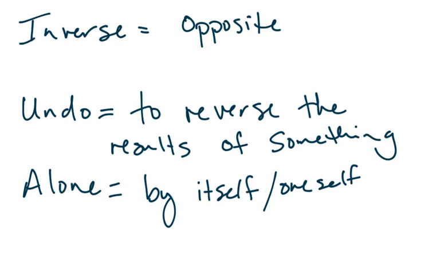And alone is by itself or by oneself. Okay? So let's take that previous example I had given. 3x equals 27. Well, I know that that's 9 because I know that 3 times 9 equals 27. But here's how I would solve that algebraically had I not known.